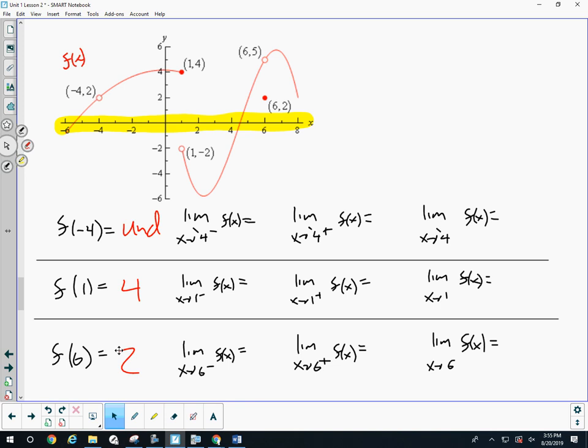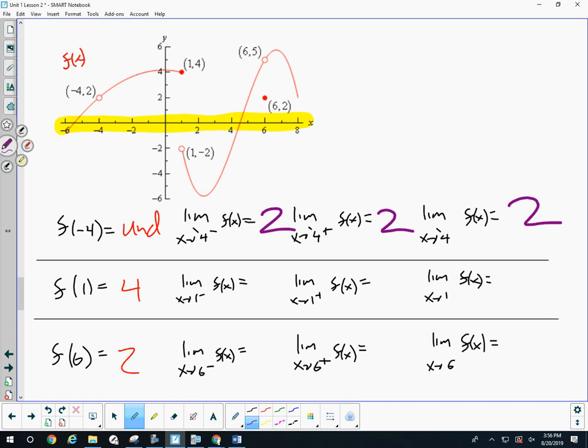Where am I really, really close to? This y-coordinate location of 2. That's why this is positive 2. Since I'm approaching 2 from the left of -4 and 2 from the right of -4, my limit in general is 2.